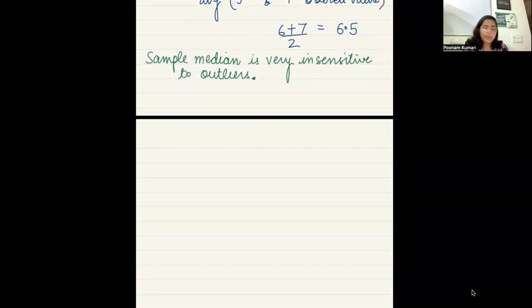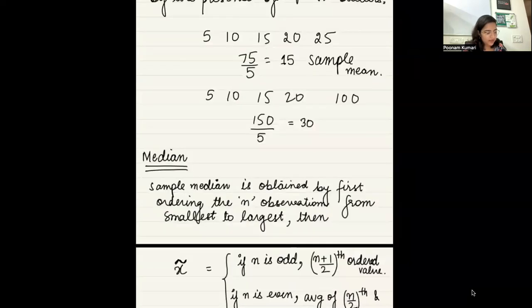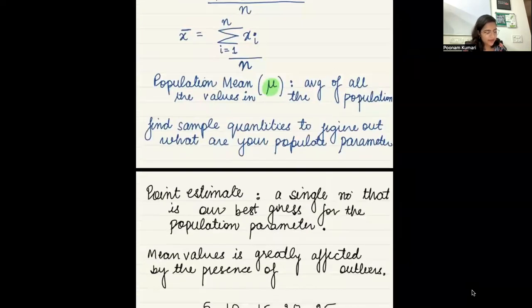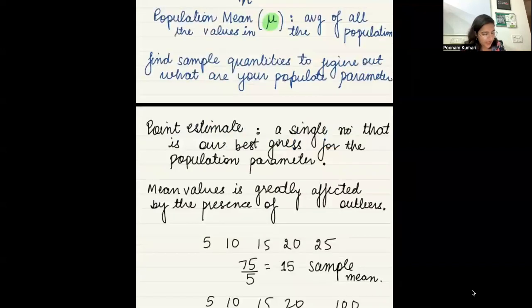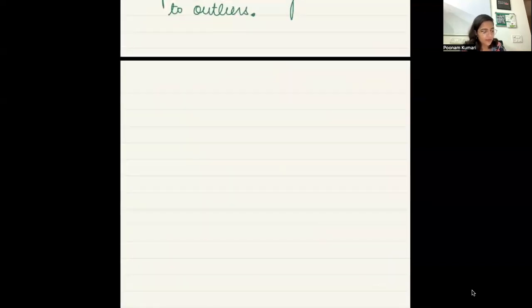So like I gave you this number, no? Population mean is represented by mu. If we have all the population data, if we put all the population data in ascending order, and try to figure out the median in the similar manner, we will get the population median. And there is a very specific symbol for population median.